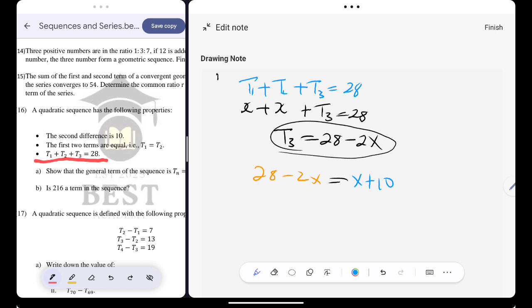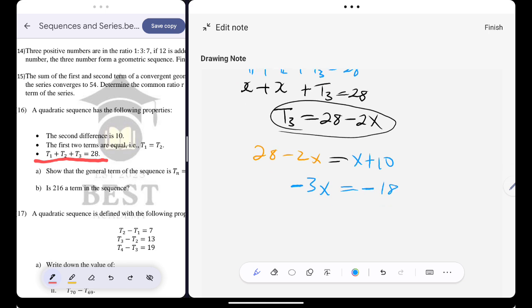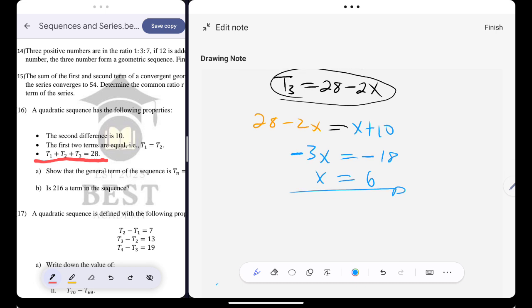We have an equation now. Are you together? Whenever I bring x to the other side, what will I have? I will have a negative 3x, right? And then when I take 28 to the other side, I'll have a negative 18. So x will be equal to 6, because I'll divide both sides by negative 3.